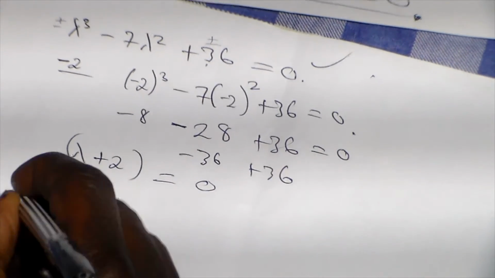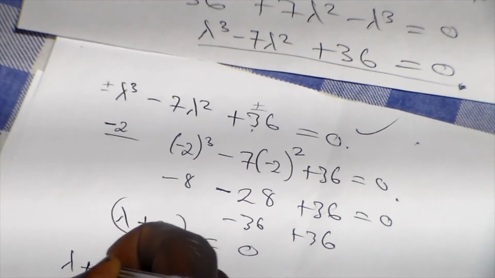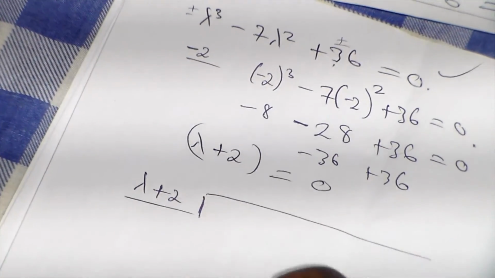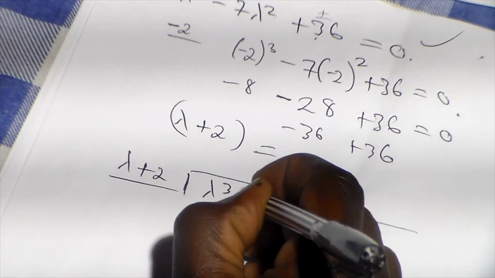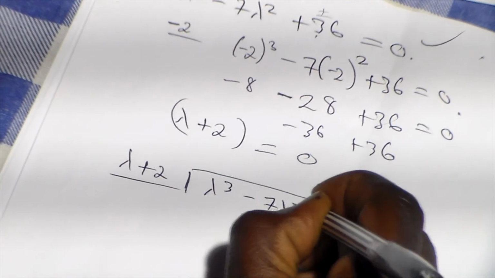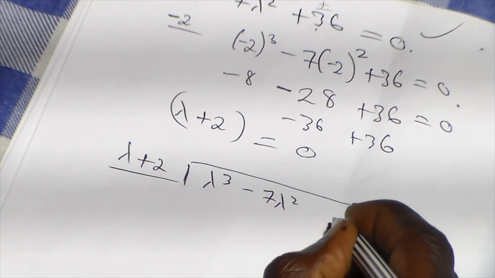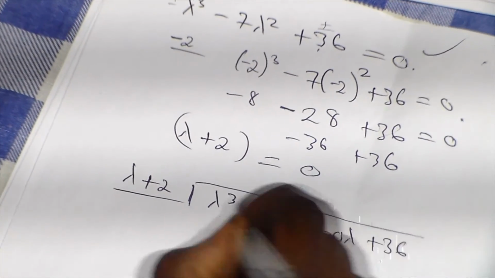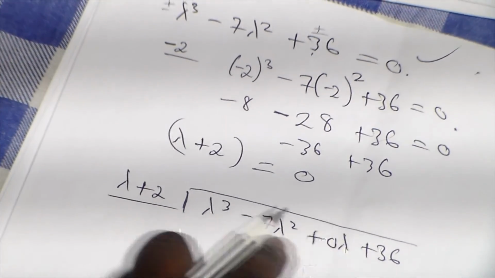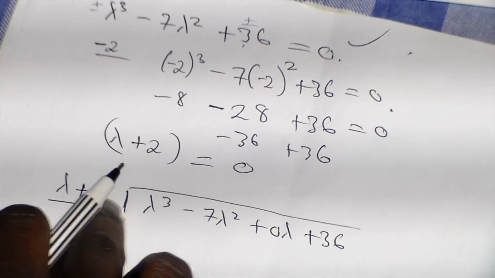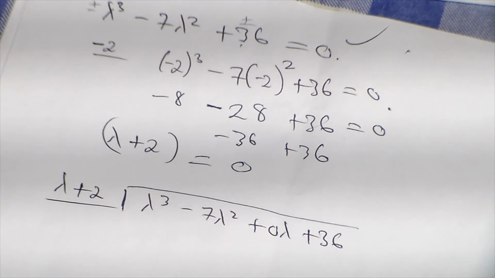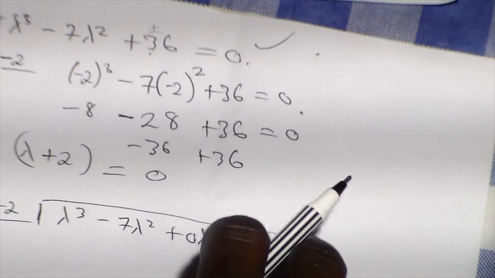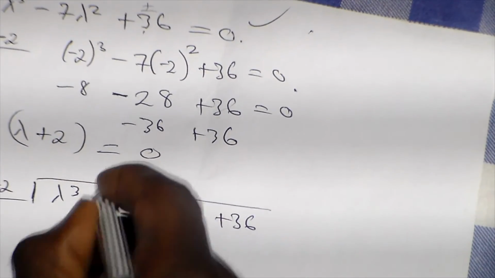So then I will now divide the characteristic equation by lambda plus 2 so that we can get other factors of this characteristic equation.